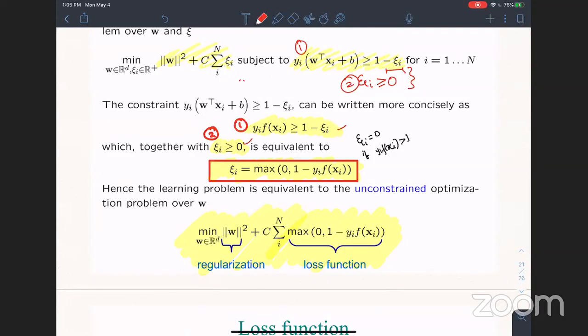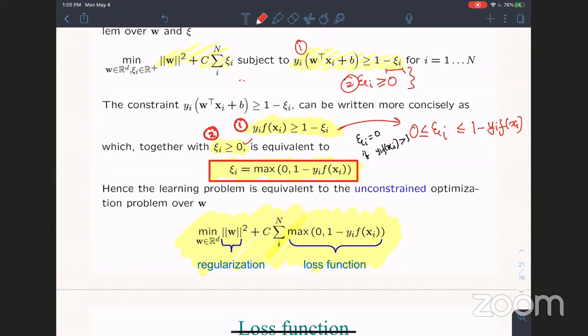I want to capture these two constraints into one. You can rearrange this as eta i is less than or equal to 1 minus yi f(xi), right? And eta i is greater than or equal to 0 from the second one.